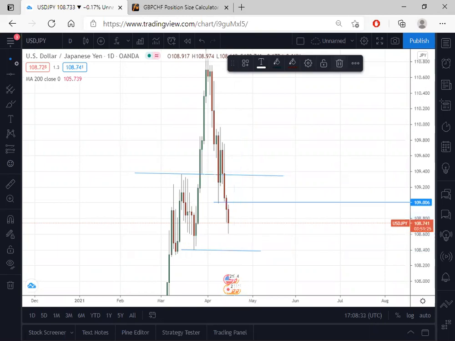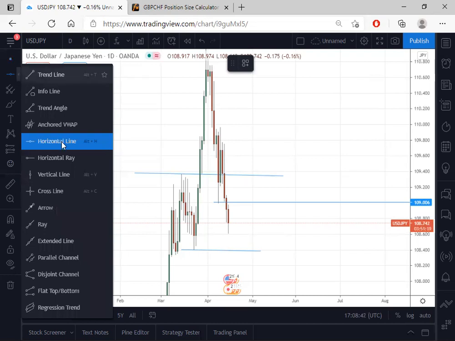Okay, so this is basically where you find your lines, anywhere from your trend line, your horizontal line. There's horizontal ray. There's a lot of stuff, unnecessary, that you can find here. Regression trend sounds awesome. I know of the term regression, but never seen a regression trend.